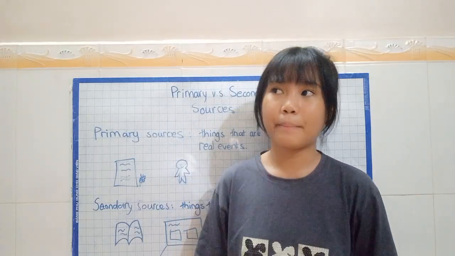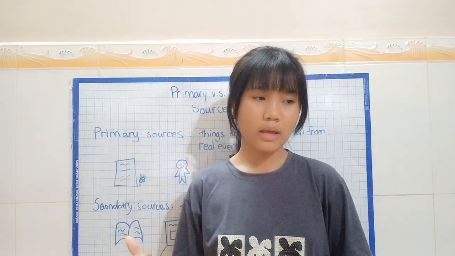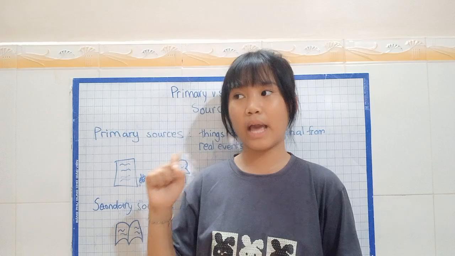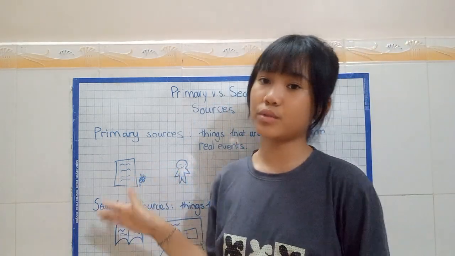Or when we're learning about biographies of people, and we see, let's say, a writer, and we could see his original writings, his original written letters. That's what we have as a primary source.